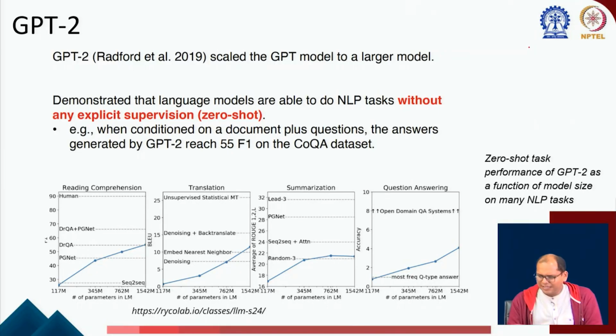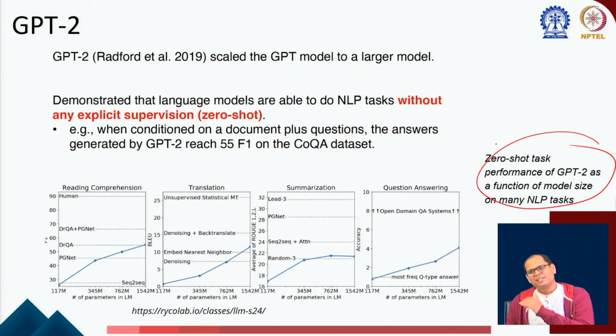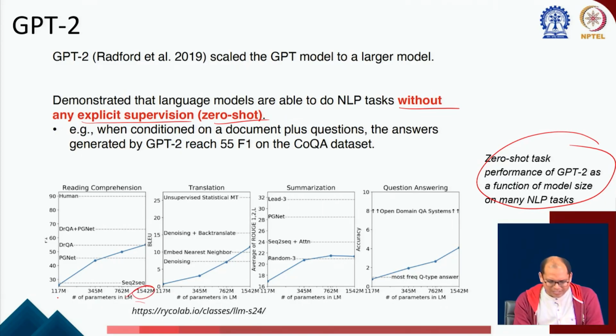So this is what they showed. As you increase the model size, the zero shot capability actually increases, without any explicit supervision. If you increase the number of parameters, 1.5 billion was the largest model of GPT-2 and 117M was the smallest, and you see the zero shot performance keeps on increasing. It was very close to one of the best models at that time, DrQA, on reading comprehension.